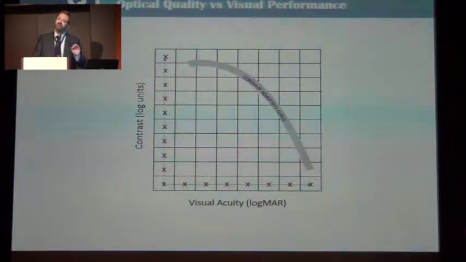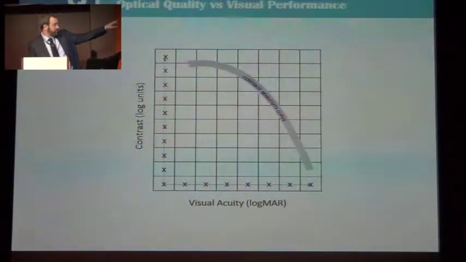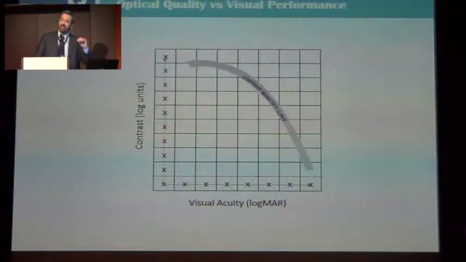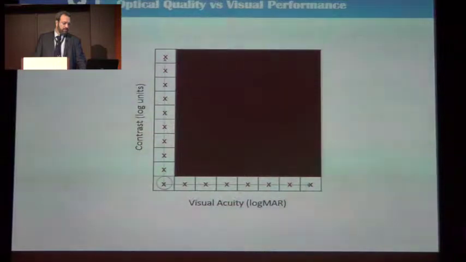We are right now talking about contrast sensitivity. We are right now measuring only in the horizontal line with a lot of contrast. But we also need to know the performance of the multifocal lens in low conditions of contrast.